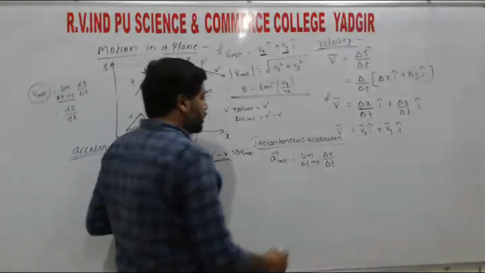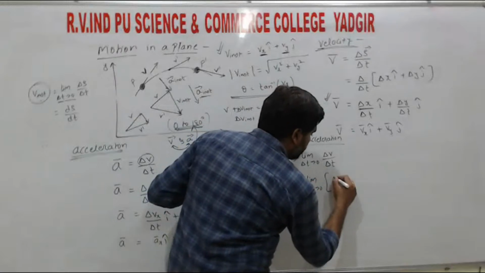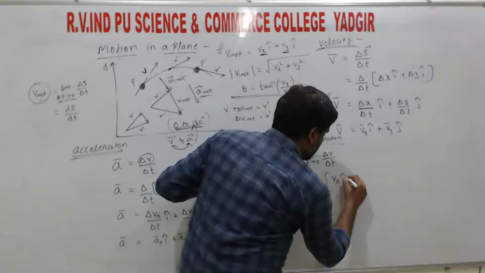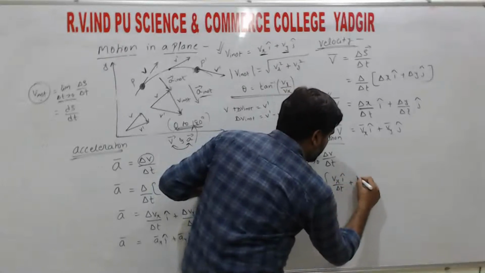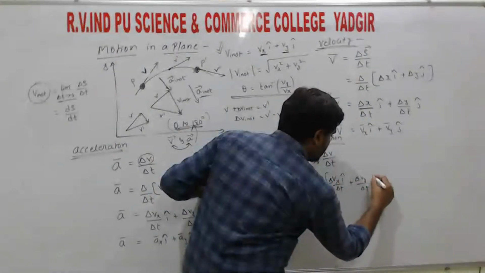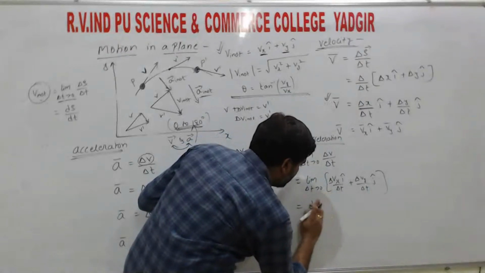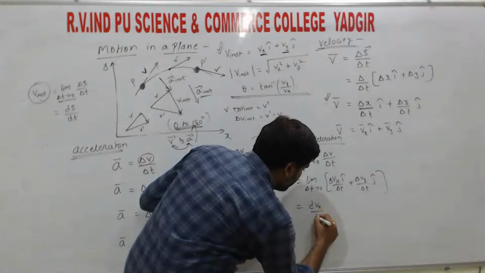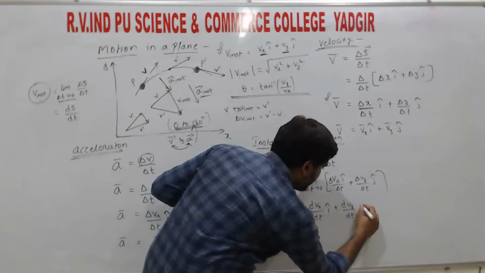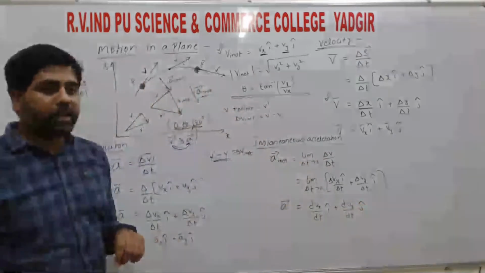So we need to write limit delta t tends to 0, delta Vx by delta t i cap plus delta Vy by delta t j cap. So this we can write as dVx by dt i cap plus dVy by dt j cap. So this gives what? Acceleration or instantaneous acceleration.